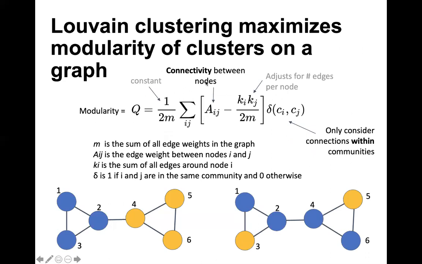This allows us to calculate a statistic called modularity that we can then use to iteratively assign points to clusters, and as a result partition the graph, such that we optimize this Q measure. And I hope, looking similar to those graphs earlier, that this graph on the left, where nodes 1, 2, and 3 are assigned together and 4, 5, and 6 are assigned together, has higher modularity than this graph does.